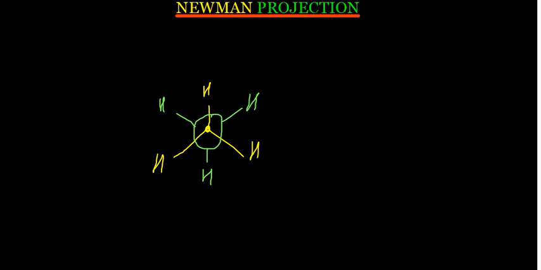So what is going to happen is that there is going to be some energy because of the repulsion from these atoms. So we call that the torsional strain energy.